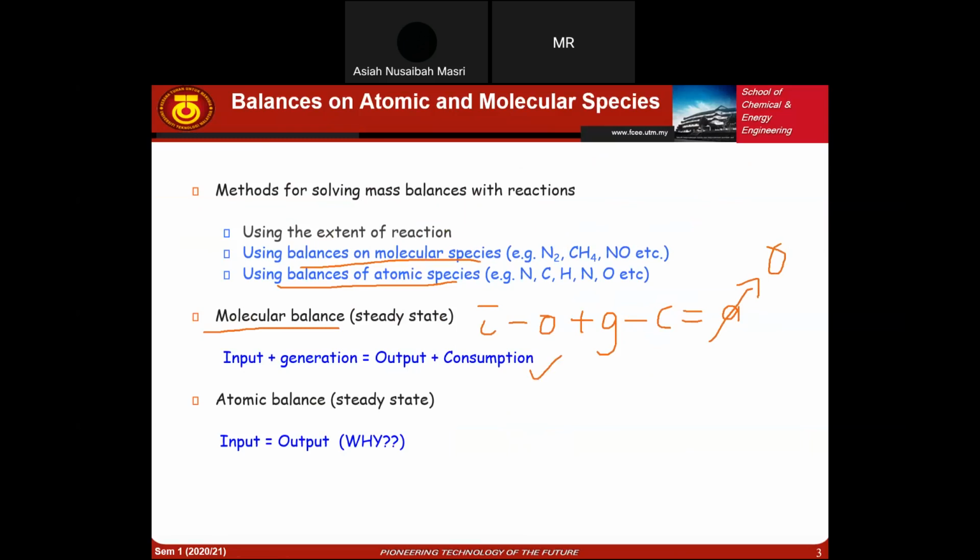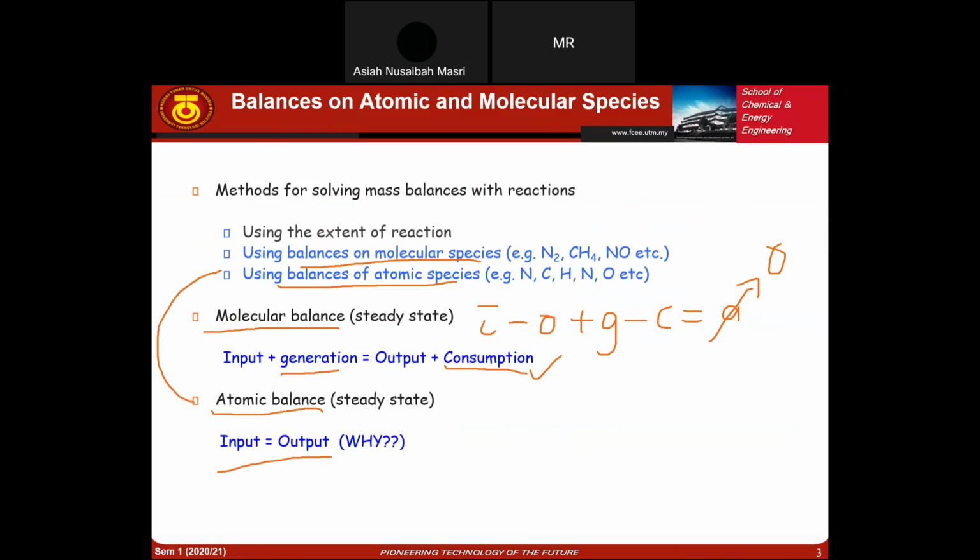Then, how do we solve mass balance using atomic species? Okay, atomic species is more interesting. As you know, for atomic balance, it is simply input equals output. There will be no generation or consumption of atoms due to the law of conservation of mass.